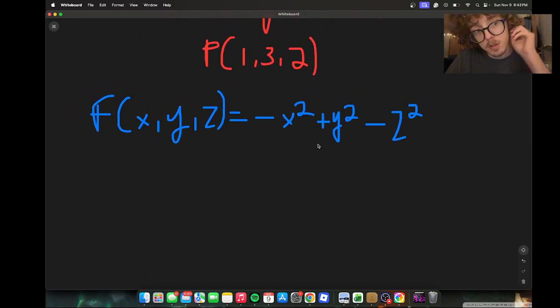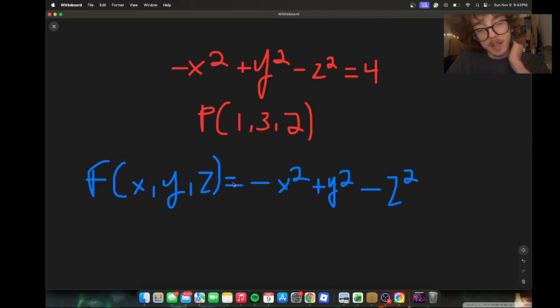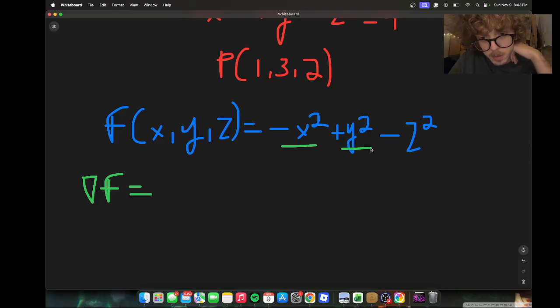Okay, so let's use the gradient here to find a normal to this level curve, right? Because we're now saying that this is a level curve at this point that will be at a height of 4, but it's a 4D function. So let's find a normal to that by taking the gradient. So the gradient of f, and we're going to take partial of x plus partial of y plus partial of z.